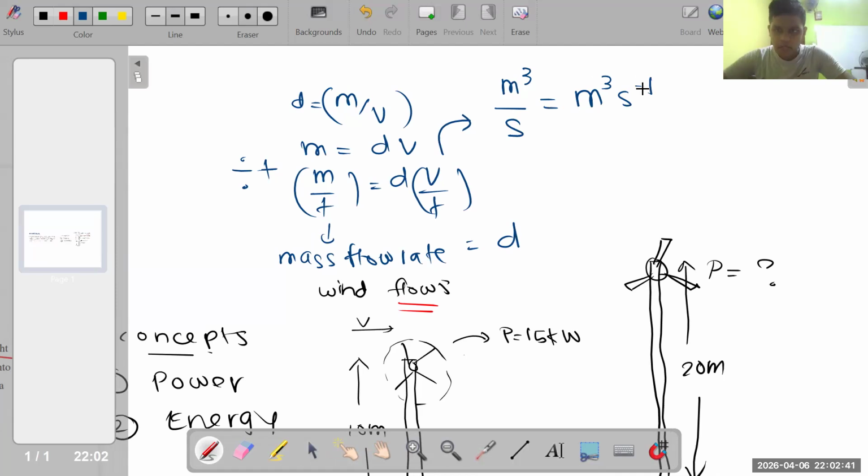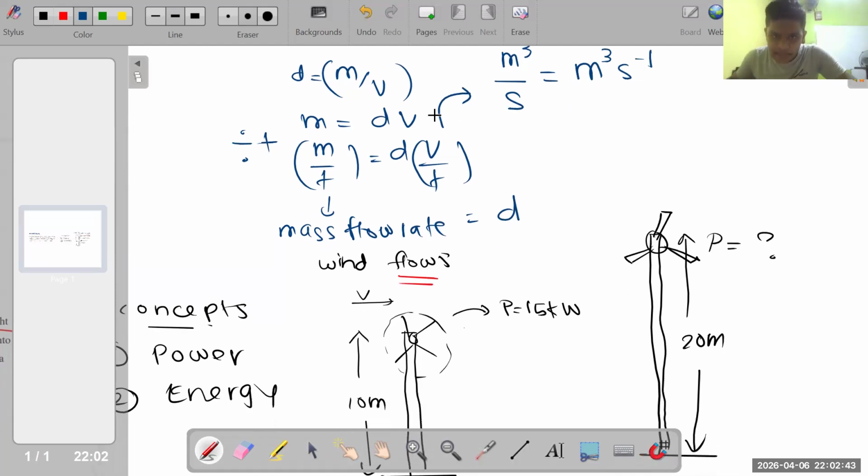Now I am saying that instead of volume flow rate, we can use surface area into velocity. Let's see whether the units are the same. Instead of this volume flow rate, we can write surface area into velocity.